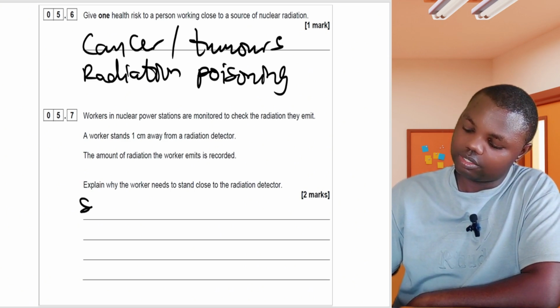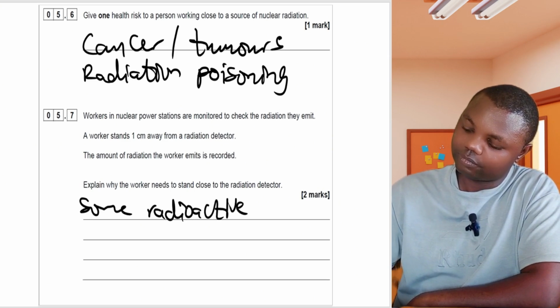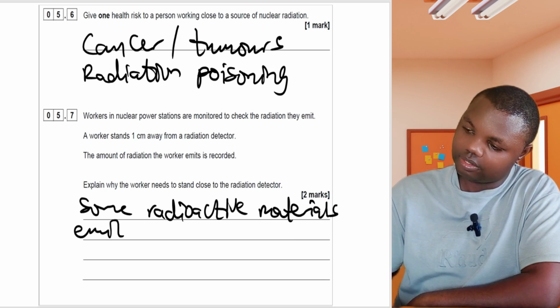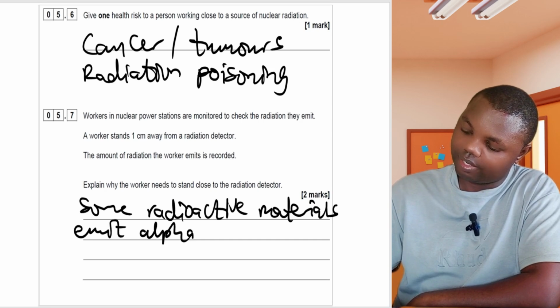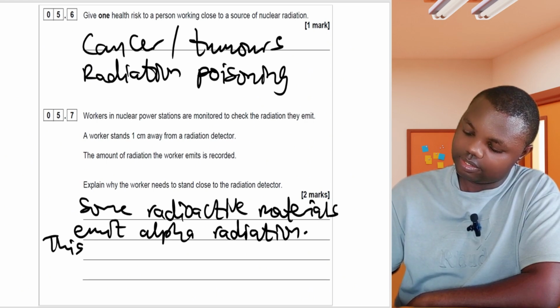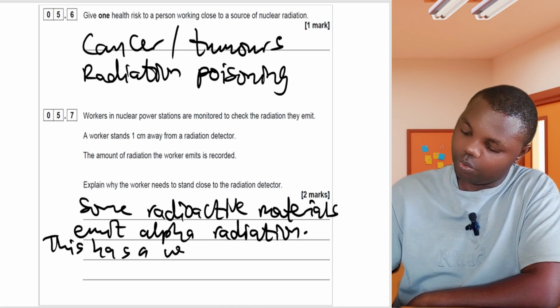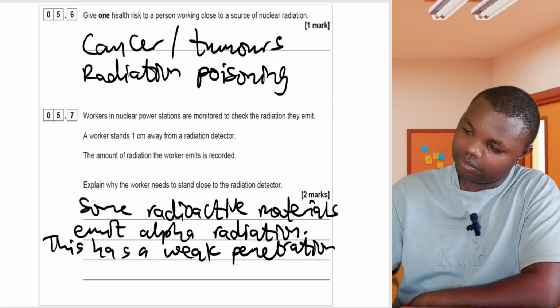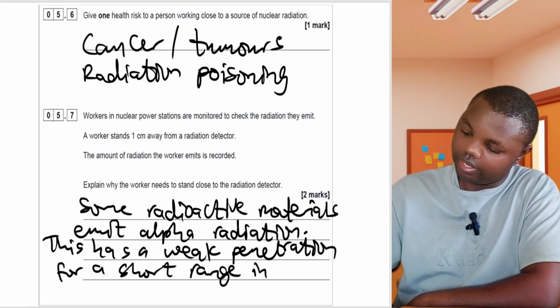This is because some radioactive materials do emit alpha radiation, which has weak penetration and a short range in the air.